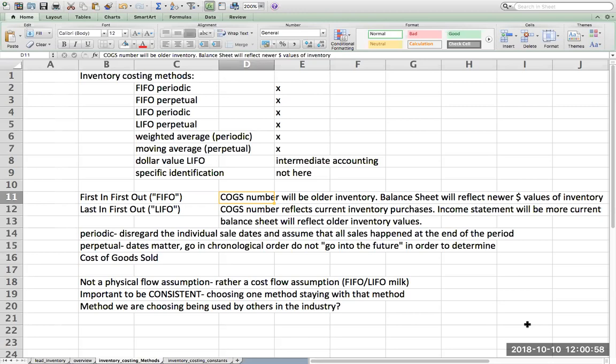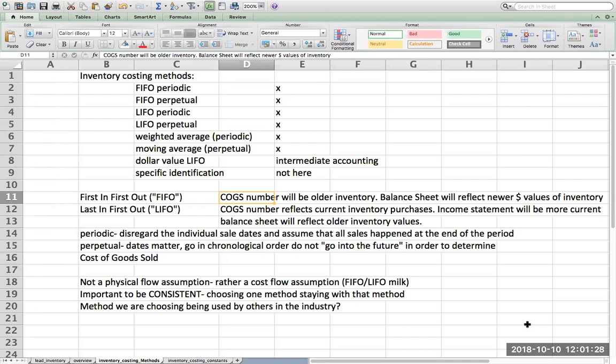And lastly, as far as what method should I be using? What we really want to be doing is take a look at the particular industry that we're in to see, is everybody else using one thing? If I'm Target and I'm using LIFO perpetual, but Walmart, Amazon, and all these other major retailers are using FIFO perpetual, it may raise questions.